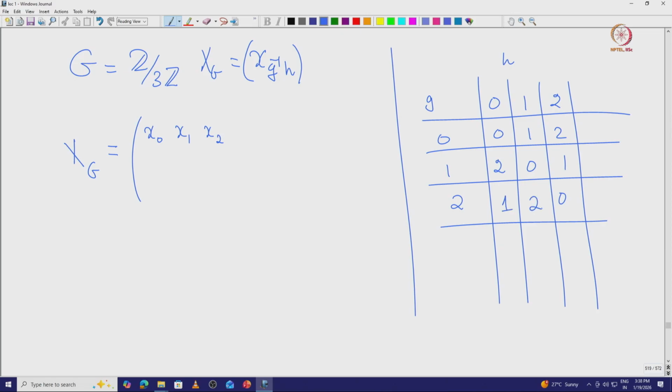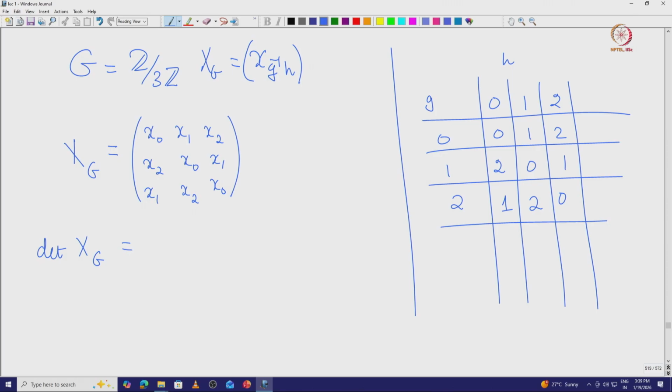Okay, so the matrix will be x0, x2, x1, and x1, x0, x2, and so on. So this is the matrix that you get. So the determinant, it is not very difficult to work it out.